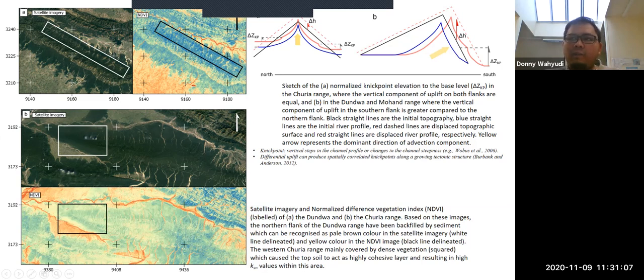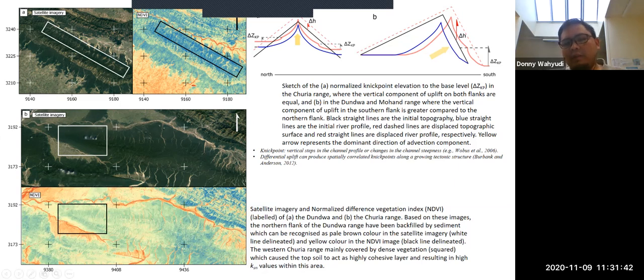Whereas if the vertical component of advection is higher to the south, it will cause a higher nick point elevation to the base level. So we think that's actually what caused the asymmetry of concavity in eastern Churia, in Dundwa, as well as in the Mohan range.